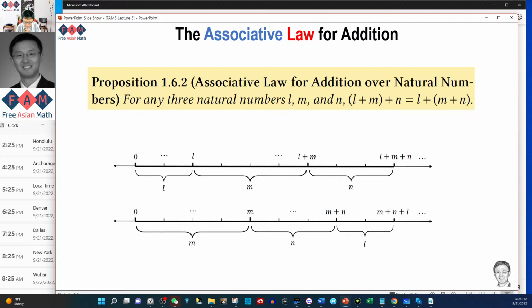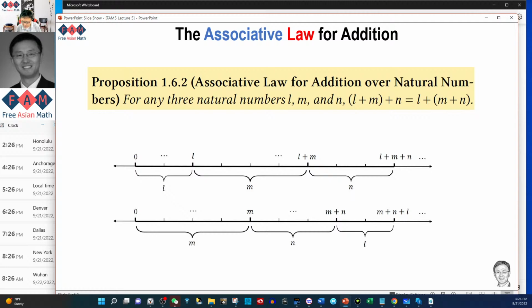Okay? So how do we know this is also true? Once again, exactly as in the case of the commutative law, we cannot rigorously prove this without the mathematical induction assumption. But once again, we can use the number line to explain why this works, right?